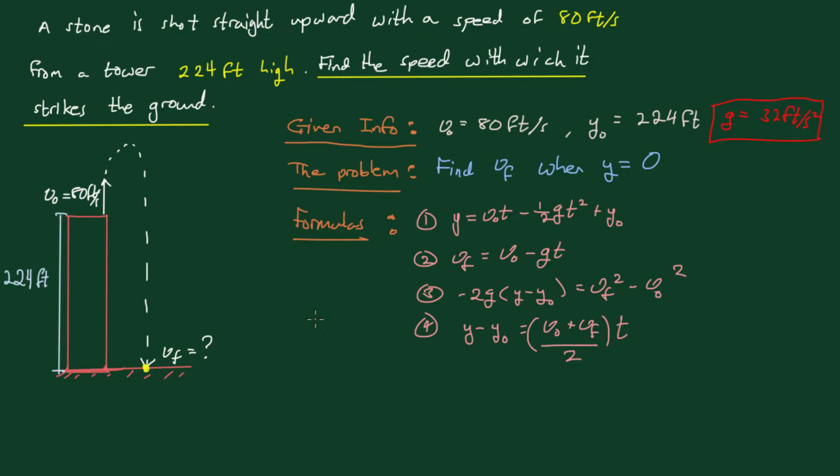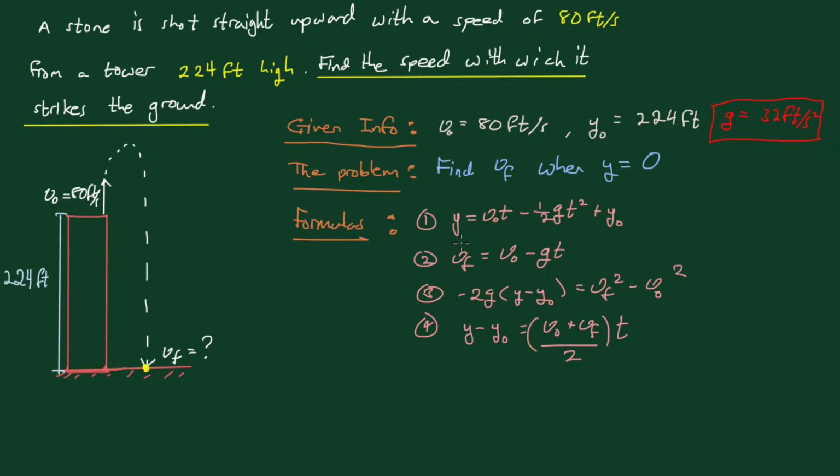So the way we're going to solve this problem, as usual, is by taking a look at the formulas that we have and seeing which one of these formulas most easily helps us to solve the problem. If you take a look at the first formula here, the height formula, y equals v0t minus a half gt squared plus y0, this formula can't really help us to determine the final velocity directly.